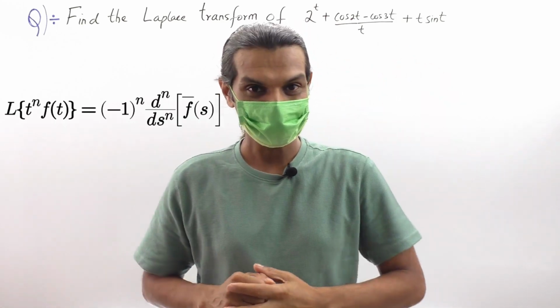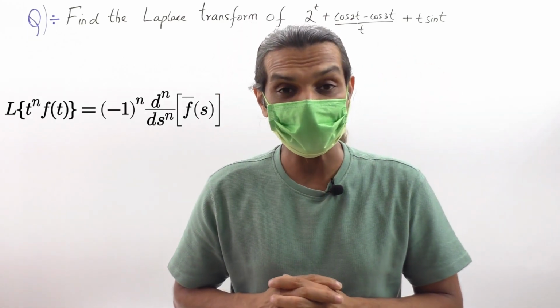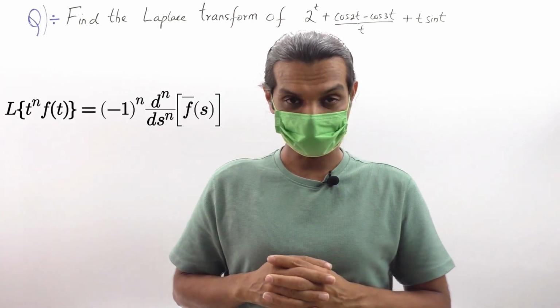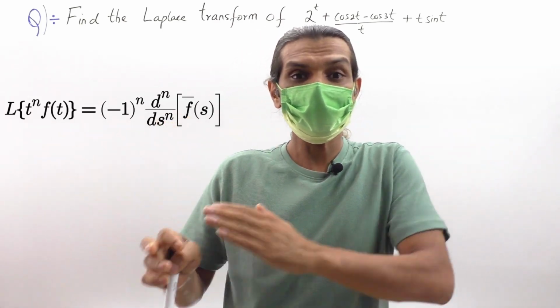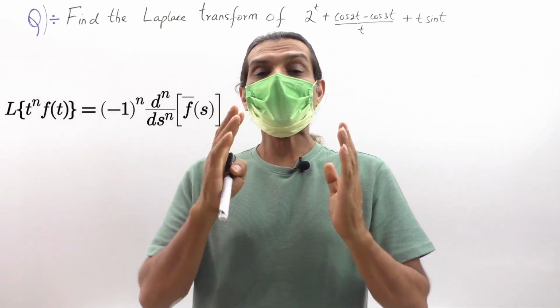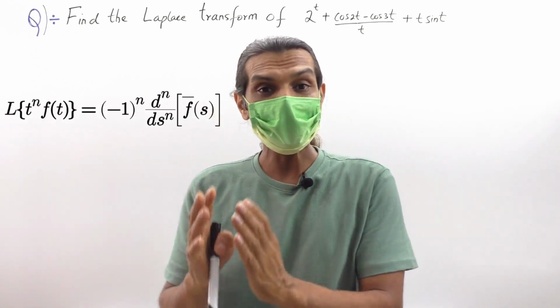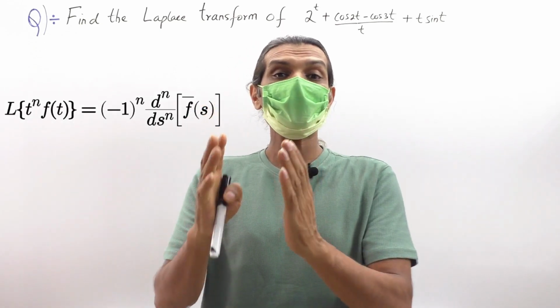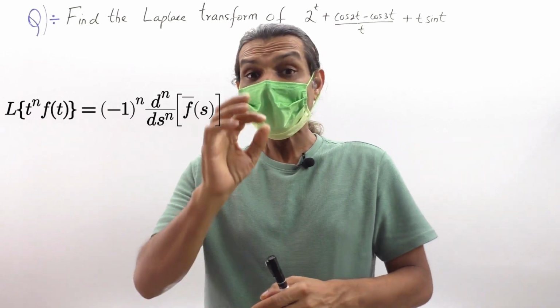That's all. The second property was: any expression in Laplace transform is multiplied by t raised to n, say Laplace of t raised to n into f of t, like t sin t, t square cos 2t. What we do here is use the formula: Laplace of t raised to n into f of t is equal to minus 1 raised to n, d raised to n by ds raised to n, Laplace of f of t. What is the meaning of this?